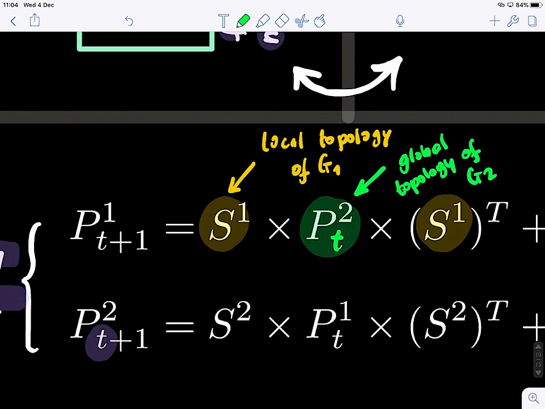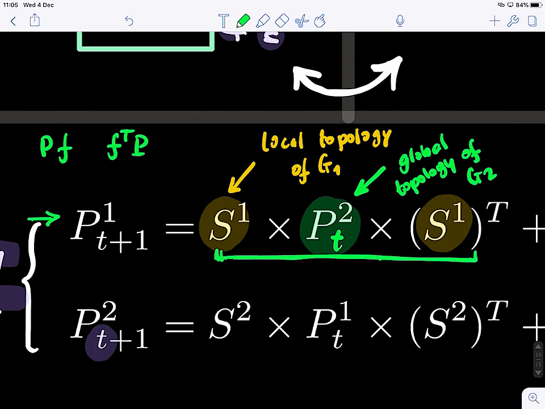So let's look at this first equation. What is this doing? Basically, if you remember the P F and F transpose P, this is actually what we have here, okay? So we're doing local averaging and also a diffusion on the graph.